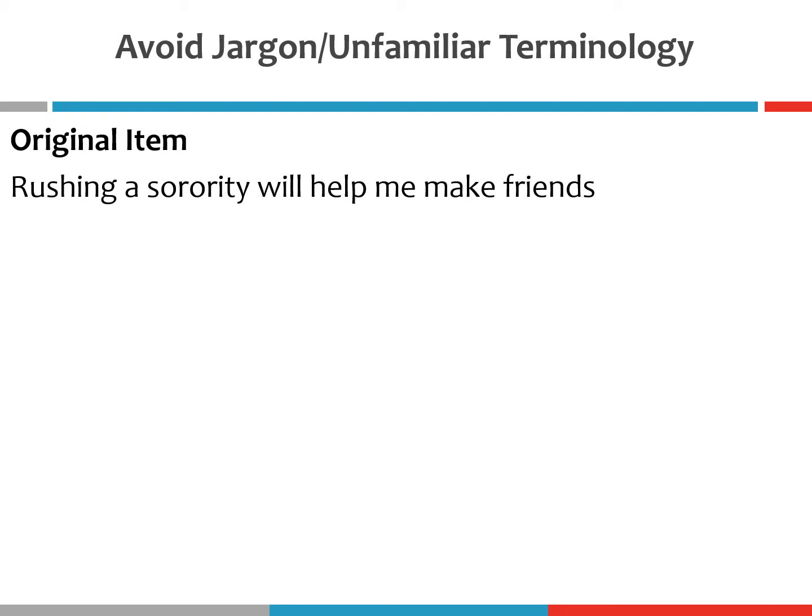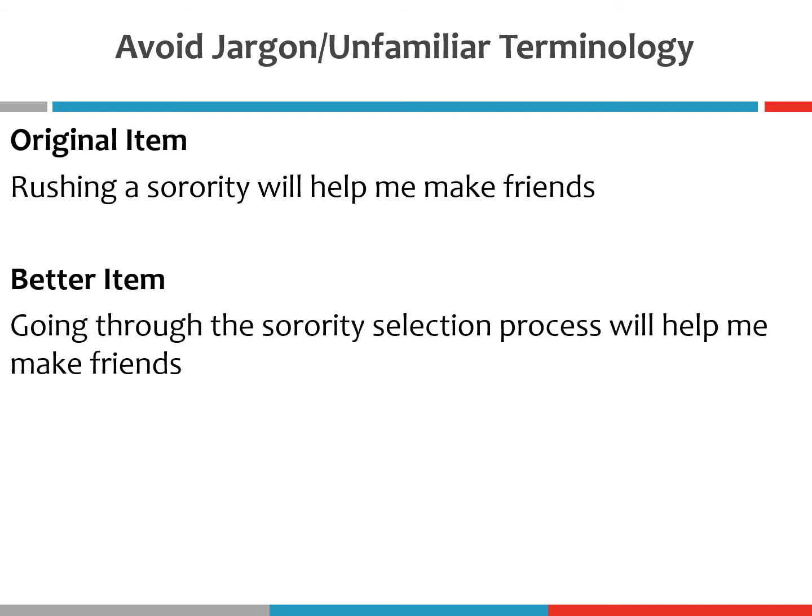Those of you who have joined Greek organizations, or maybe seen movies about them, might know what rushing a sorority means. But some of your respondents might have no idea. A better option would be: going through the sorority selection process will help me make friends. Then you've clearly defined all of your terms for your respondents.